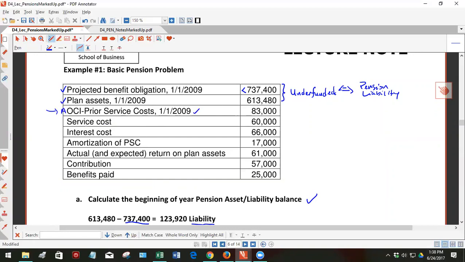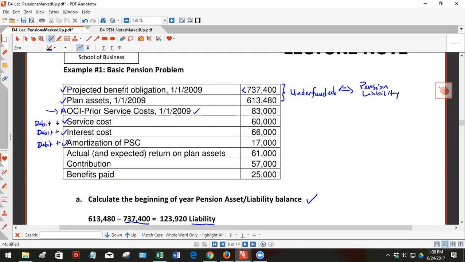The service cost, and here are the components of pension expense. Service costs, interest costs, amortization of prior service costs, added. That is debit, debit, debit. So those are all increasing pension expense.